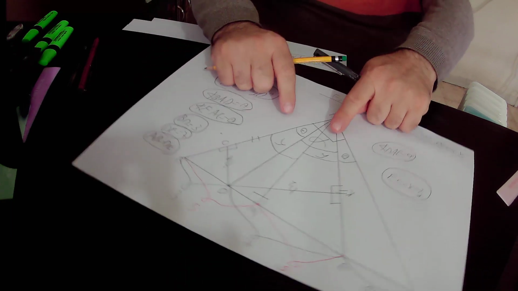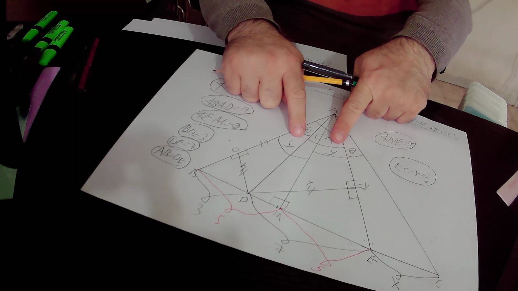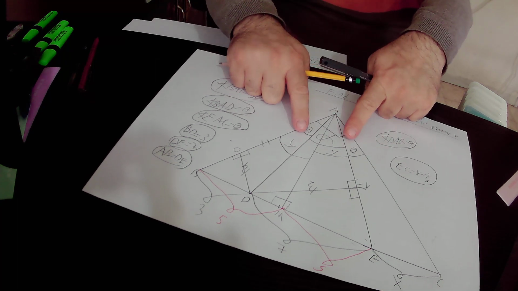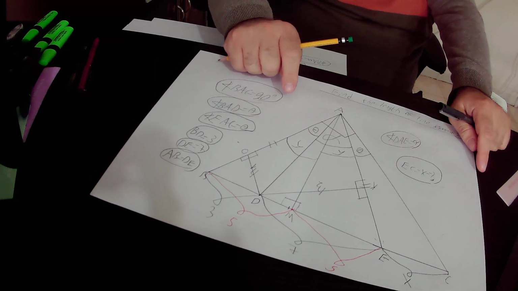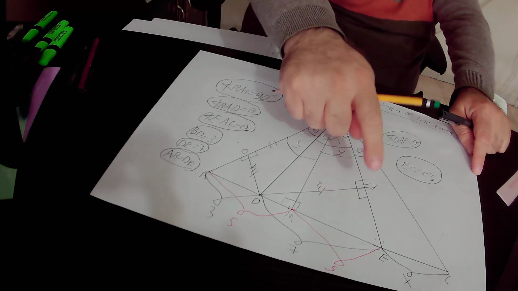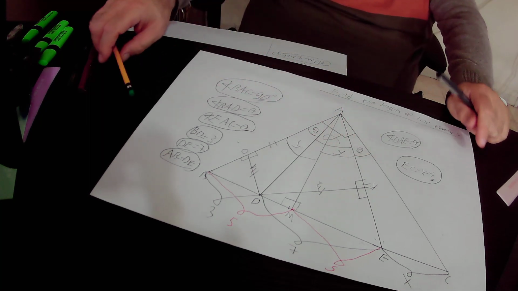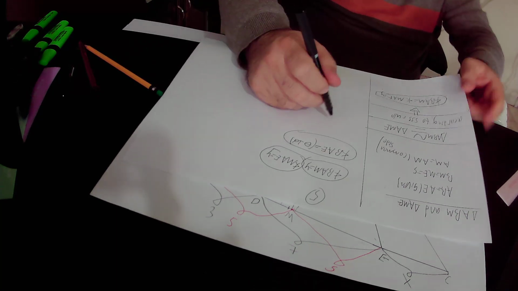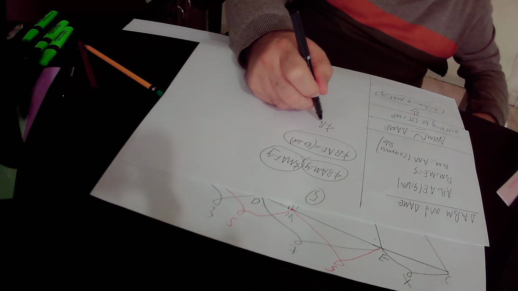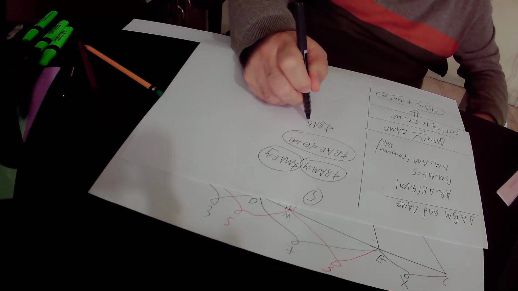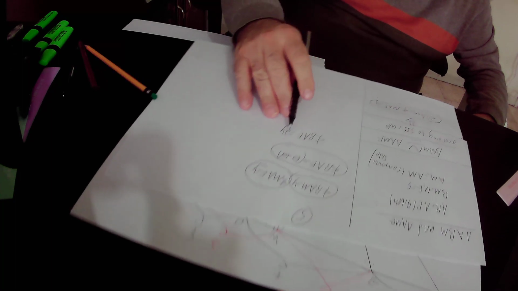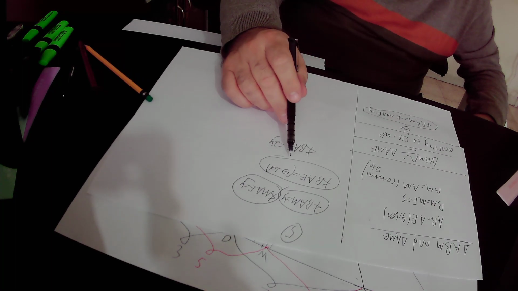Because we found out that those two angles are equal to each other, we define each angle as y. That is to say, angle BAE is equal to y plus y. Okay, angle BAE is equal to y plus y, that is actually 2y.